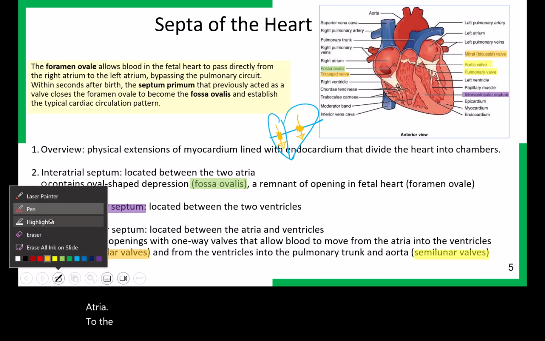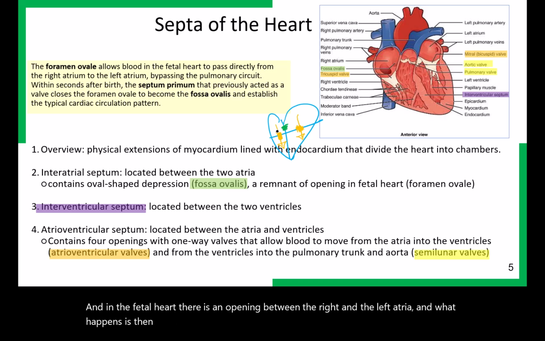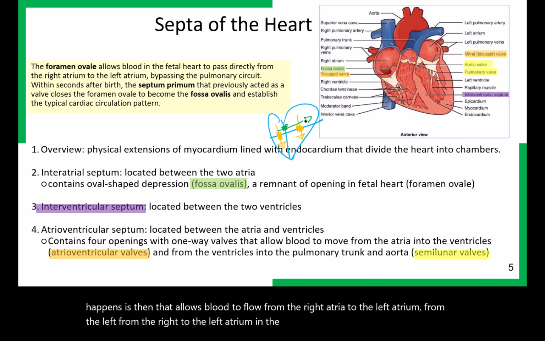And in the fetal heart, there is an opening between the right and the left atria. That allows blood to flow from the right to the left atrium in the fetal heart to bypass the pulmonary circulation.